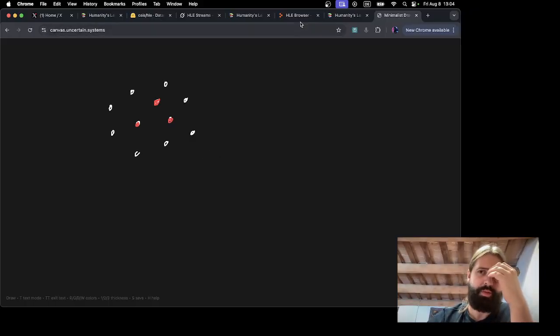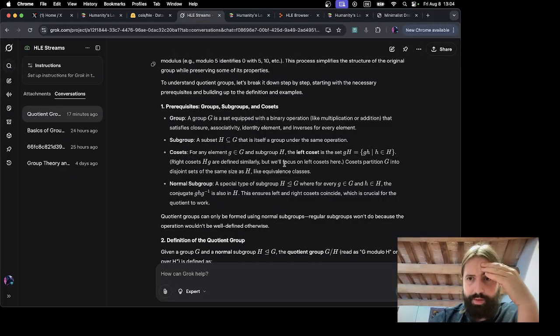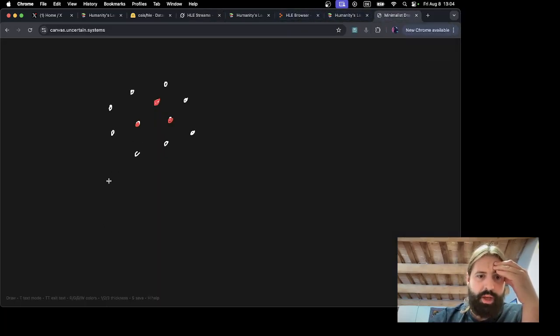Now you have the concept of the left coset. For example, I'm going to give this guy a name, say an A, and these are just going to be 1, 2, and 3.